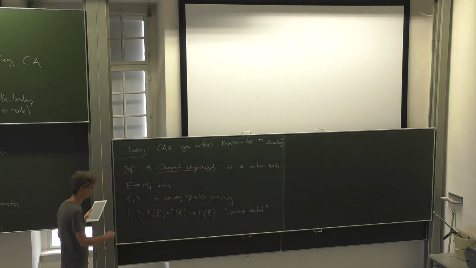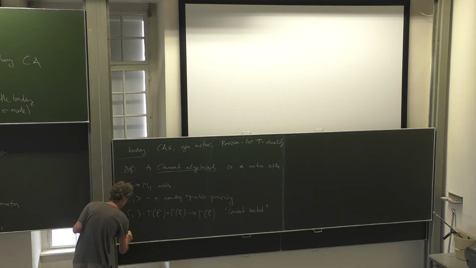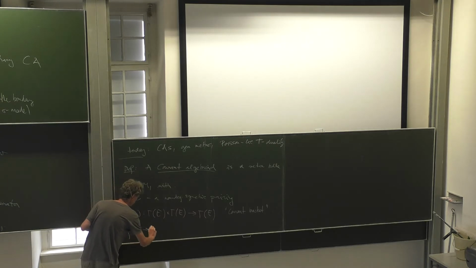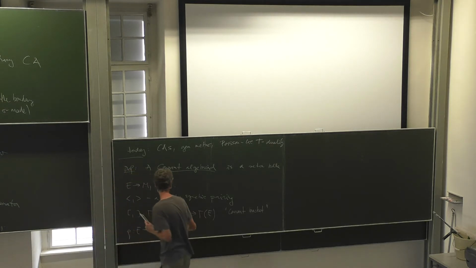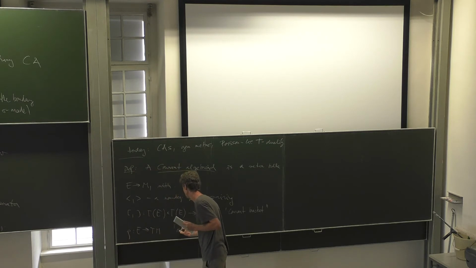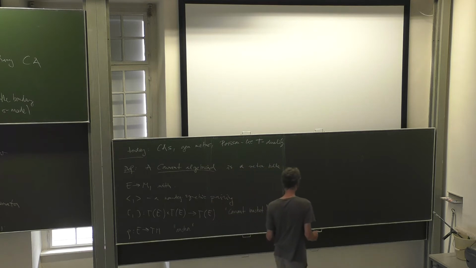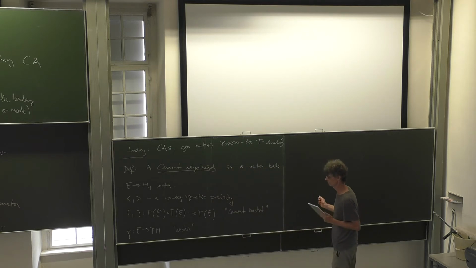And finally, a thing that we wouldn't have for a Lie algebra with an inner product: it is a vector bundle map going from E to TM, which is called the anchor, rho.